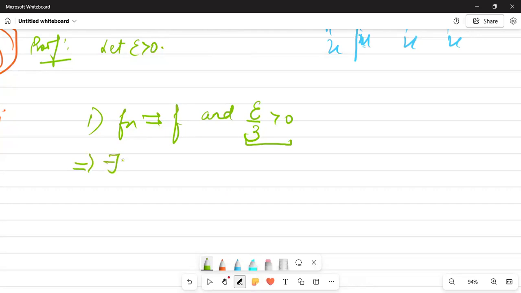This implies that there exists N depending upon this epsilon, since epsilon by 3 depends on epsilon only, because the moment you change epsilon, this changes. So you don't need to mention epsilon by 3.